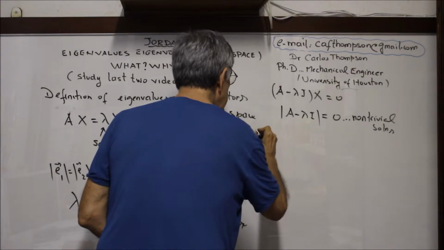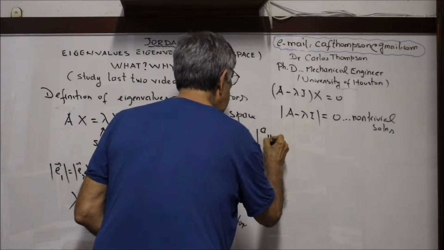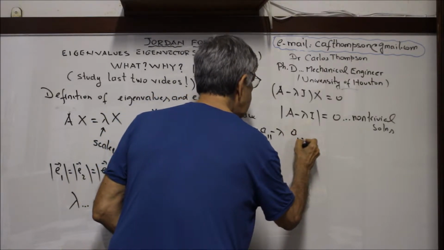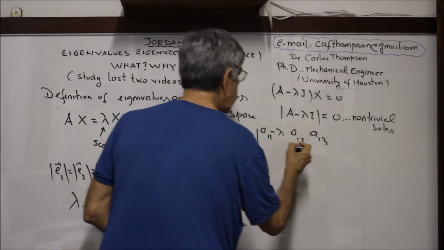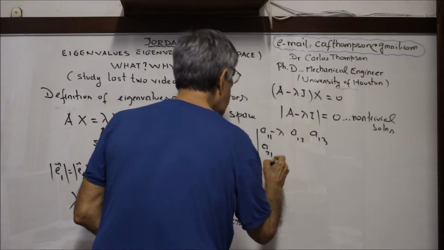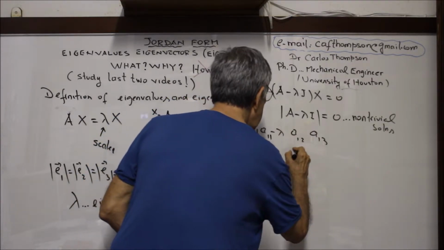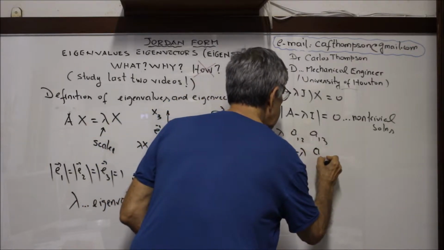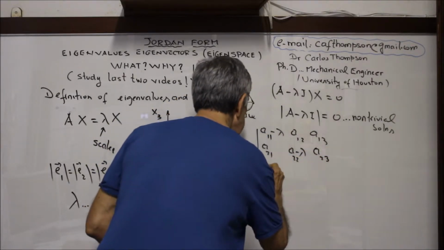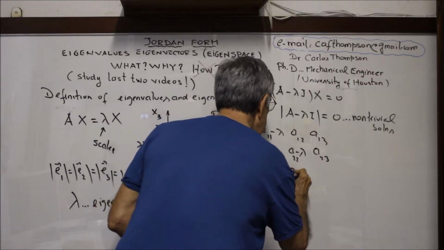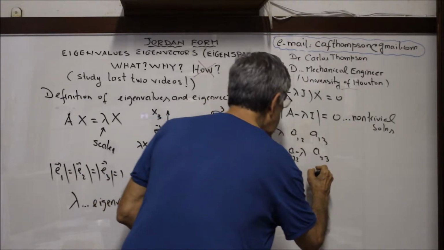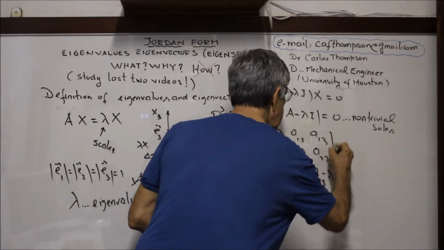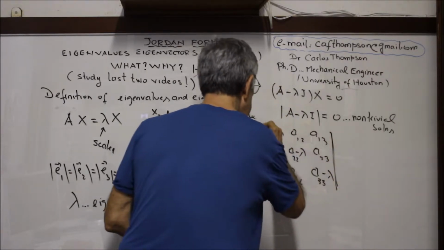Look, the determinant of A11 minus lambda, A12, A13. Now, in the diagonal, I have A22 minus lambda, here is A23. Now A31, A32, and in the diagonal, A33 minus lambda. This is the determinant, with a vertical line here.